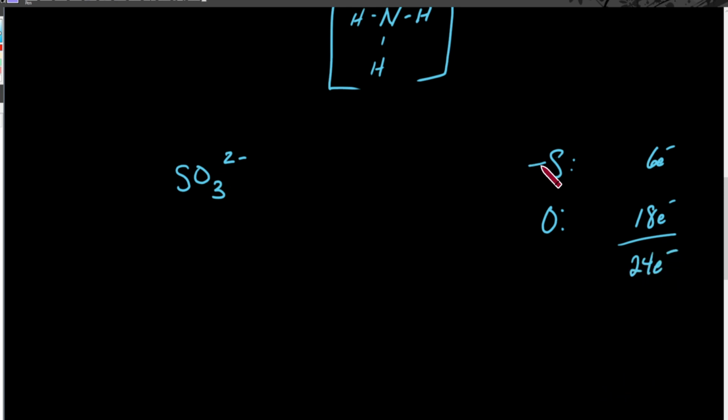Sulfur is again in the oxygen group, so it likes to make 2 bonds. Each oxygen likes to make 2 bonds. There's 3 of them, so we're expecting a total of 6 bonds. But we have 2 extra electrons to deal with, right?